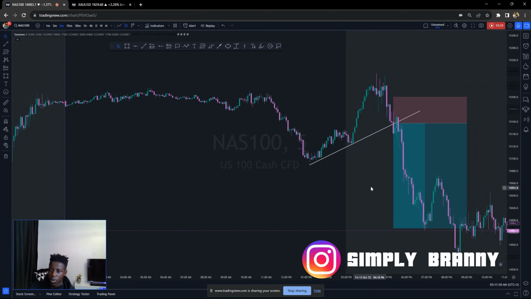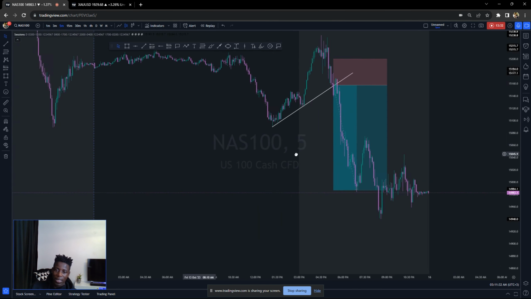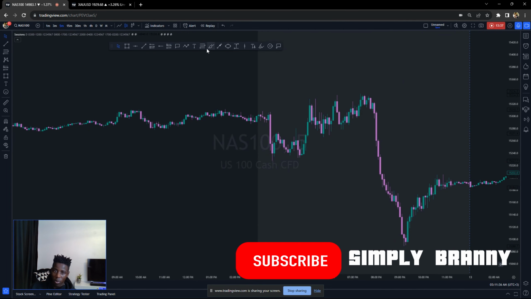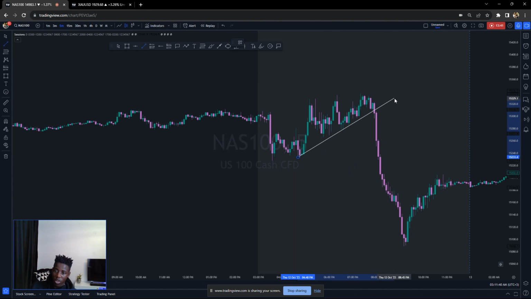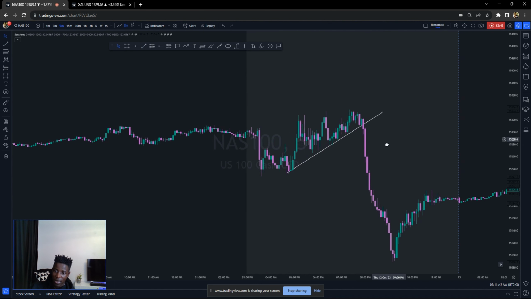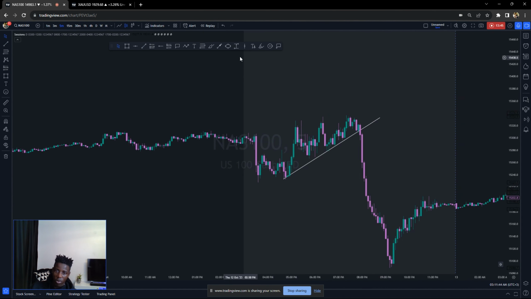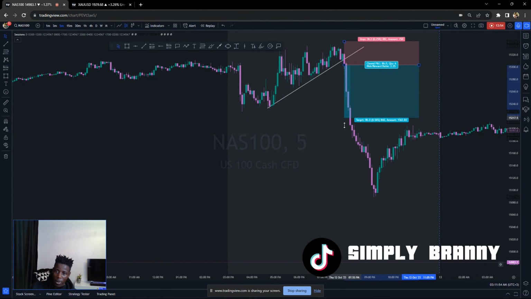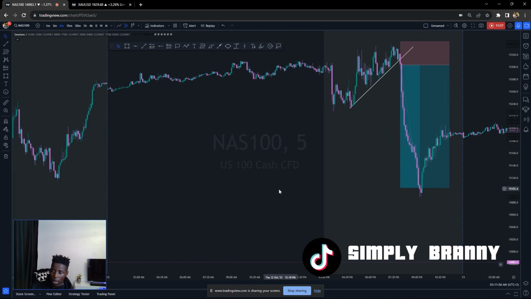So again, you're going to see that in every session, something like this plays out. Go and practice on the 5-minute chart, and you will see this is a trend line having this channel, very good one. Then a trend line break here, the candle closes below the trend line, and boom, you make some good money during the New York session.